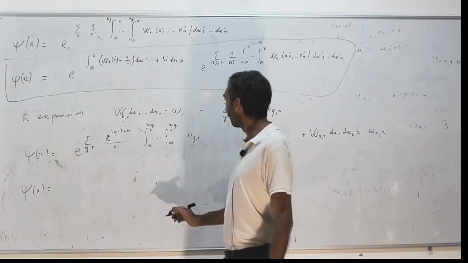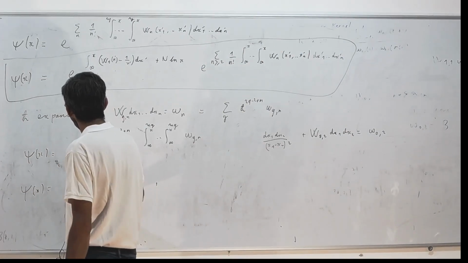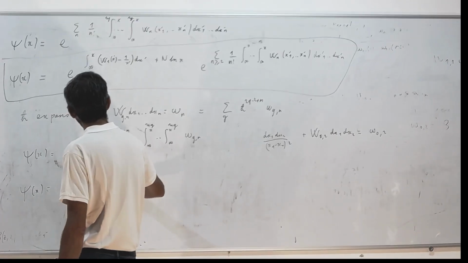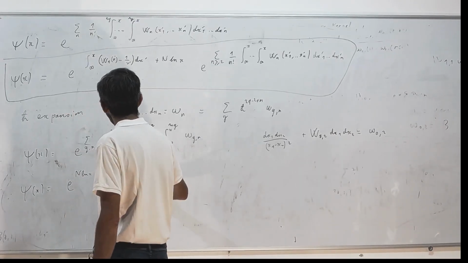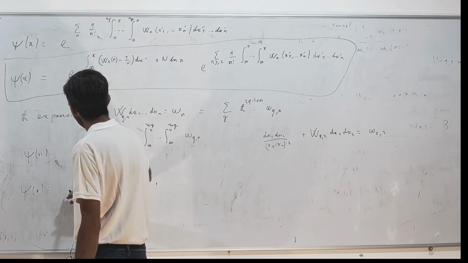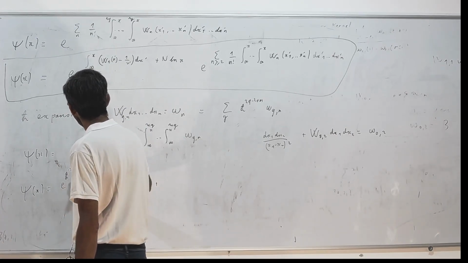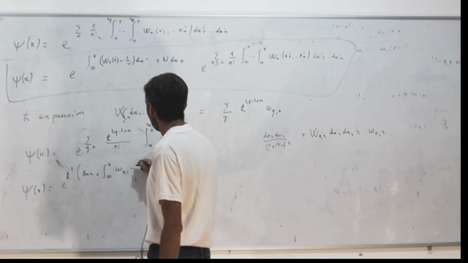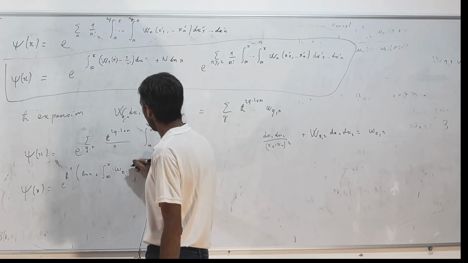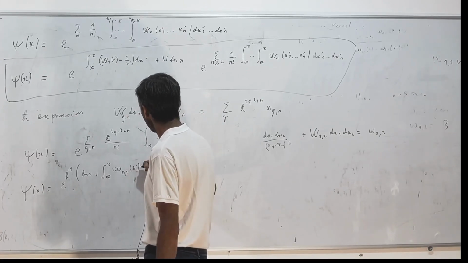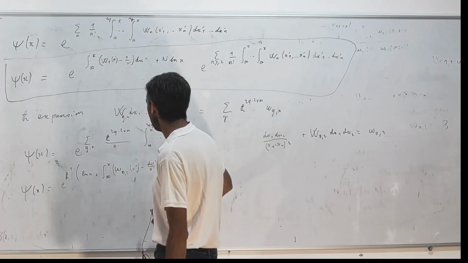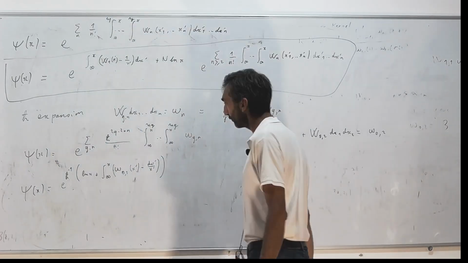Let's write the omega 0,1. As I said, it is n log x plus the integral from infinity to x of omega 0,1, where n is the same thing as h bar inverse, plus omega 0,1 minus, let's call it x prime, dx prime over x prime, which is the regularization.